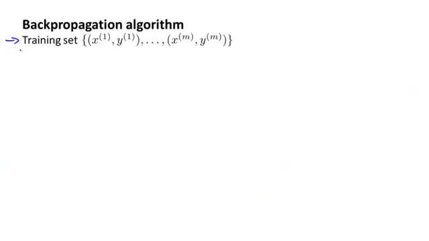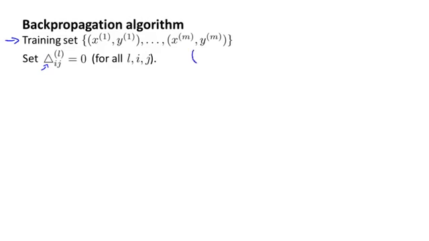The first thing we're going to do is set these capital delta L subscript ij. This triangle symbol is actually the capital Greek letter delta. The symbol we had on the previous slide was the lowercase delta. We're going to set this equal to 0 for all values of L, i, j.